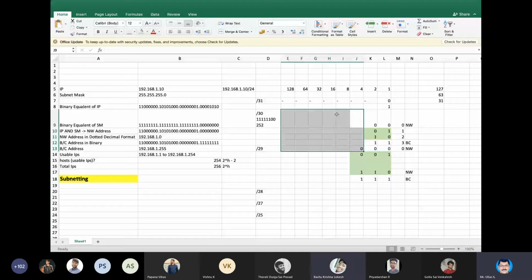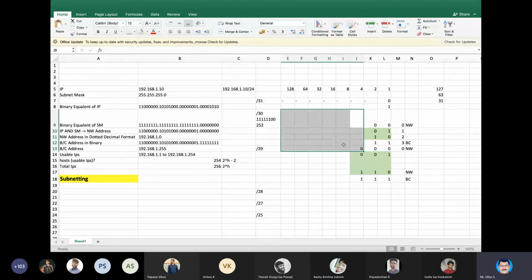Remaining we have 6 bits. So in the 6 bits, how many combinations are possible? We have given 2 bits for host, and /30 will be the network. /30, I mean. Yeah, you're right.